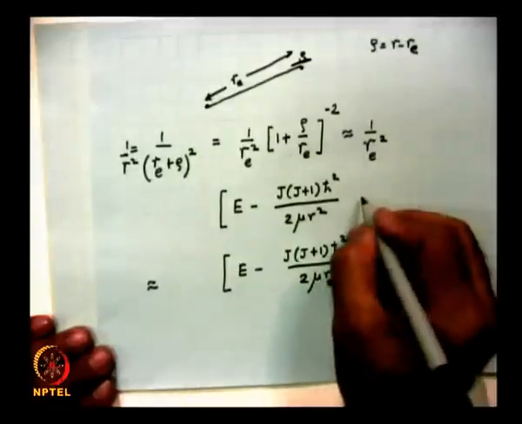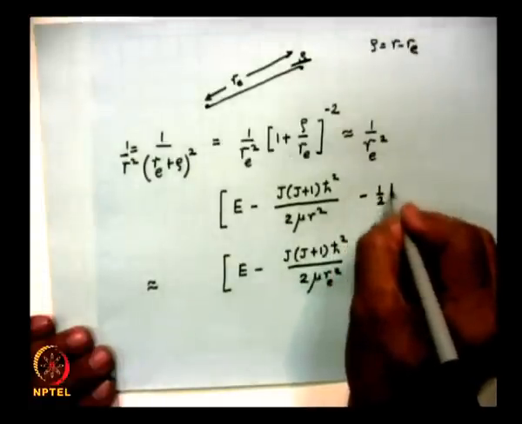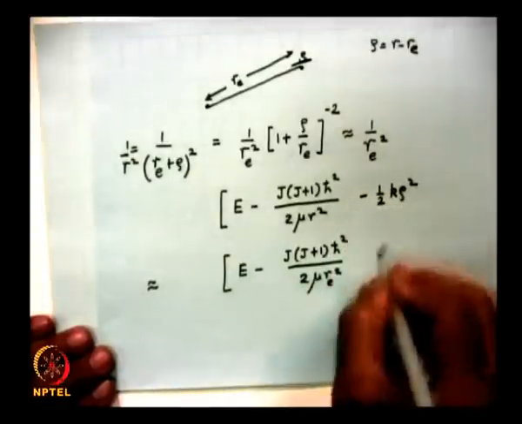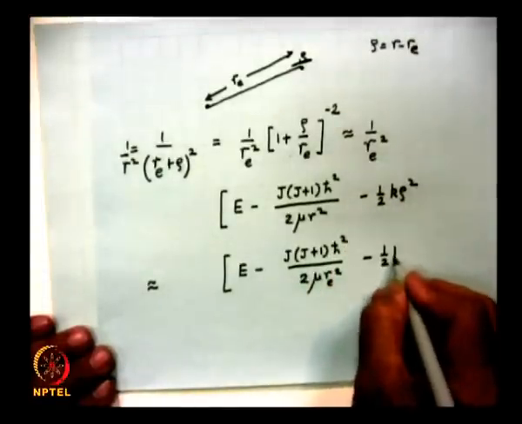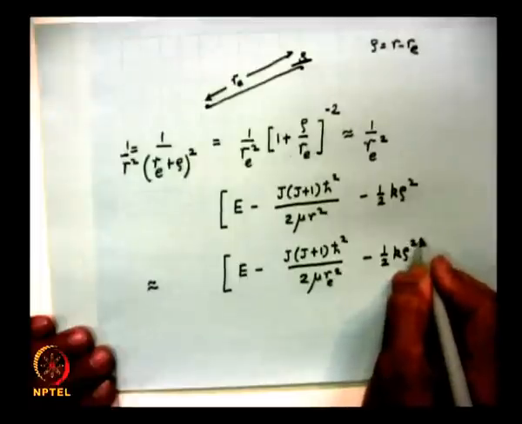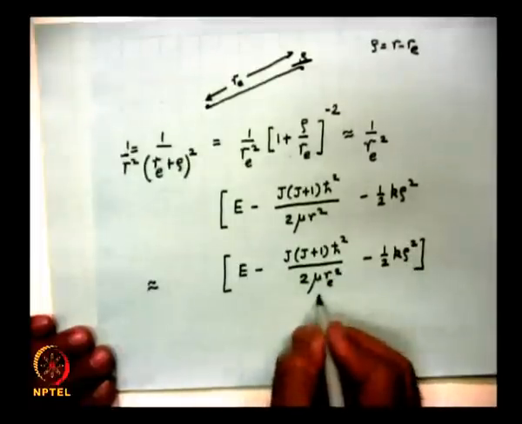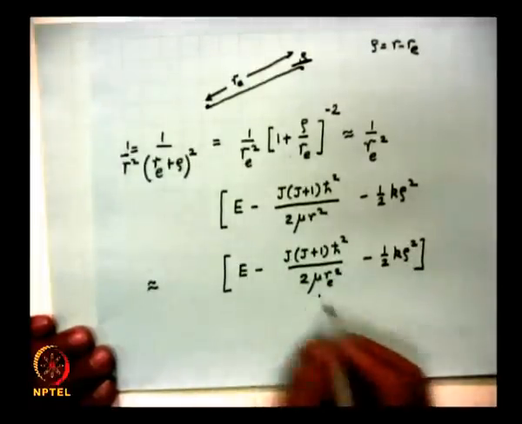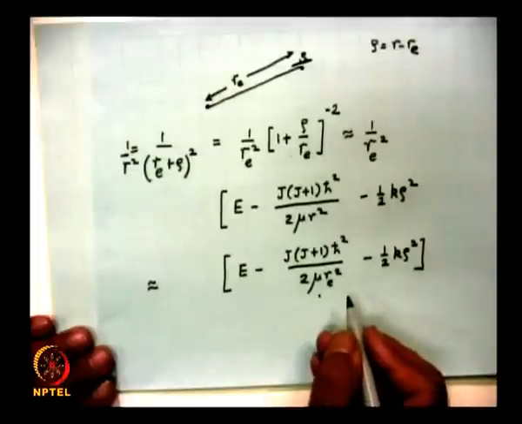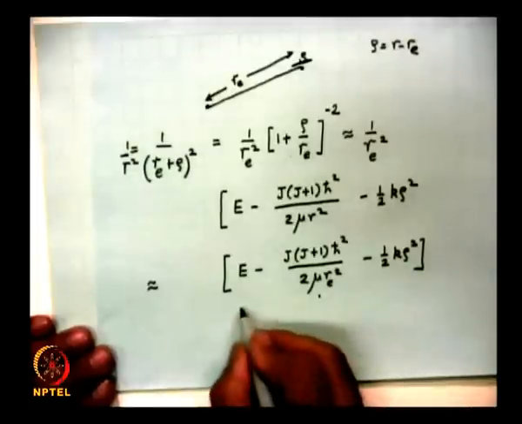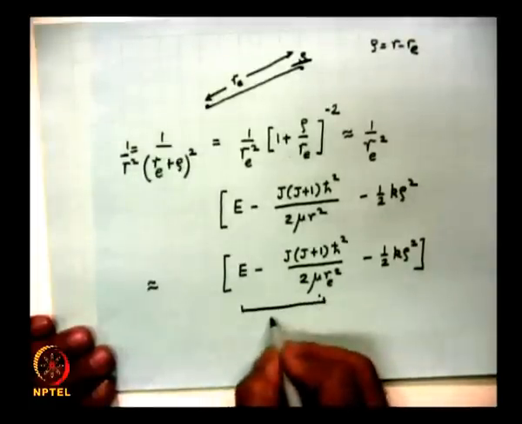And then you have this term half k rho square. So, this is just a constant now. This does not vary with rho. So, I represent this by E prime.